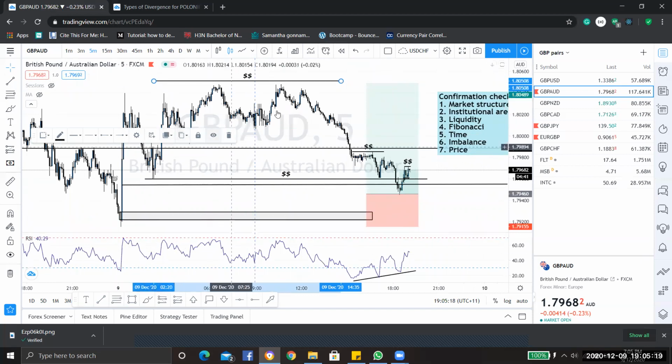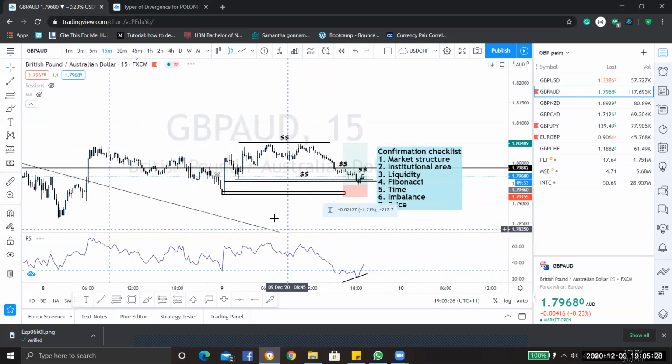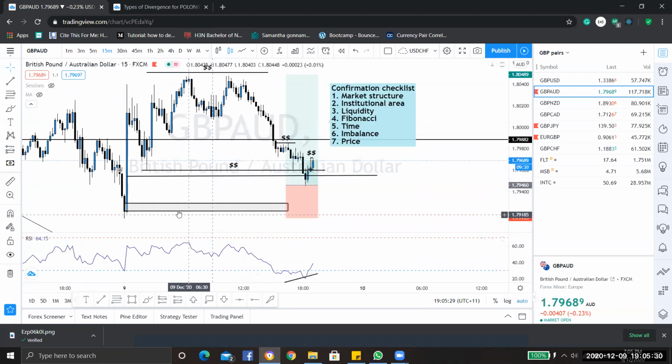Again, this move was a nice expansion move from here. This was our last down candle before the up move. Actually, let's go to 15 minute, which will show a bigger candle. Last down candle before the up move.